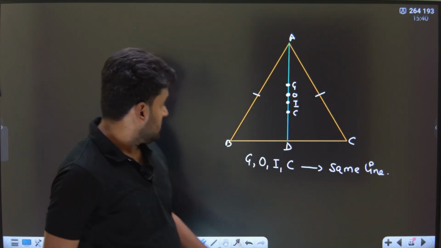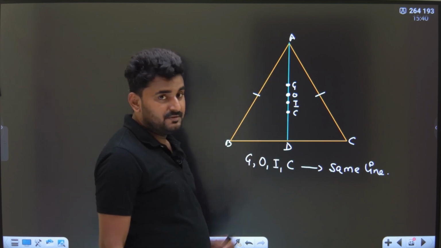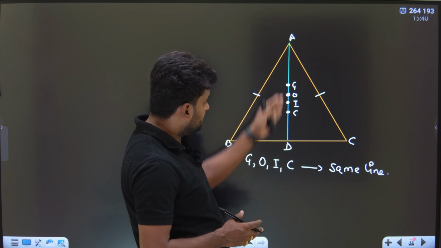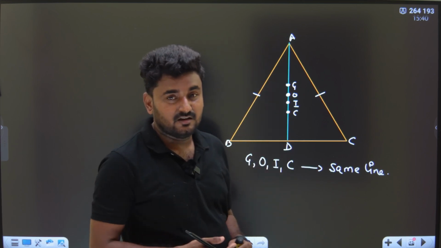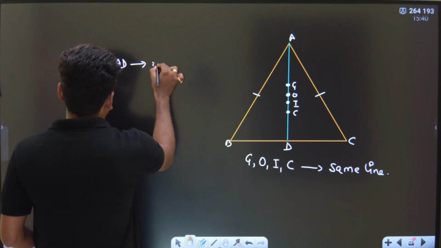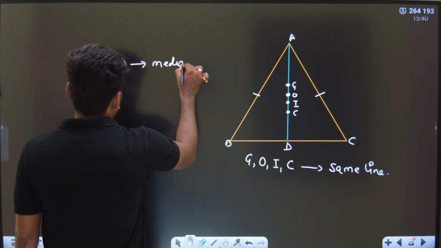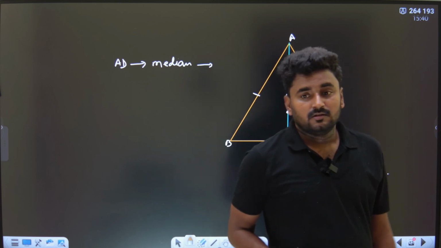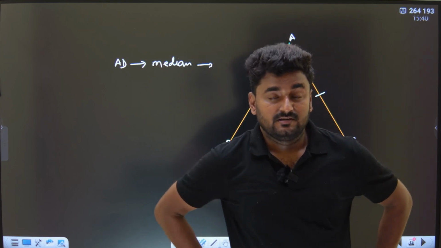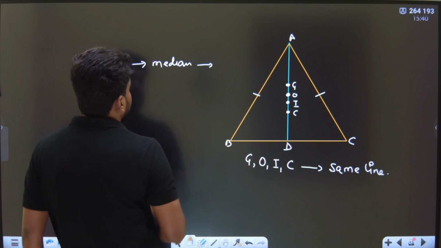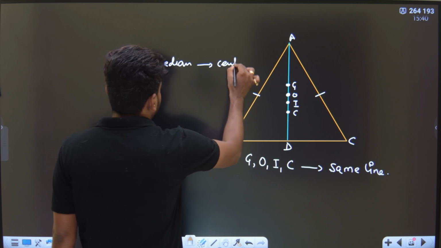Because this AD may be a median. If AD is the median, then you know that the centroid lies on the median.